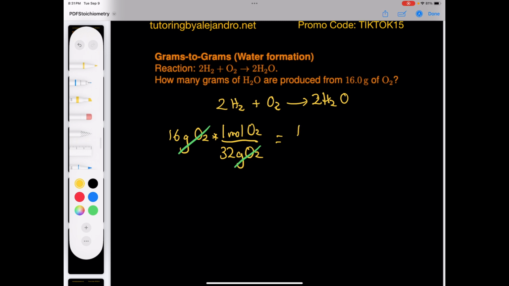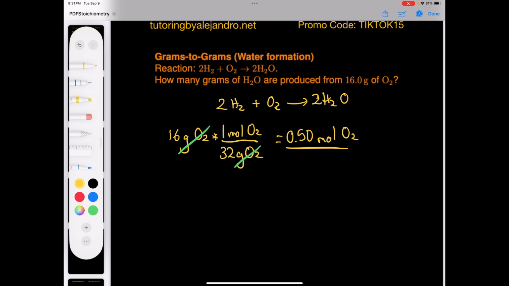And I have 16 divided by 32 moles of O2, right? That gives me 0.50, right? Or 1/2, half a mole of O2. Okay, great.